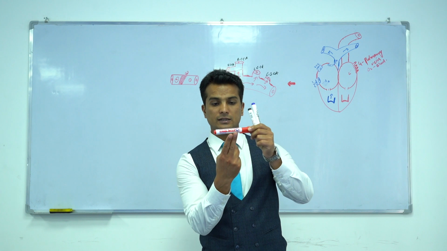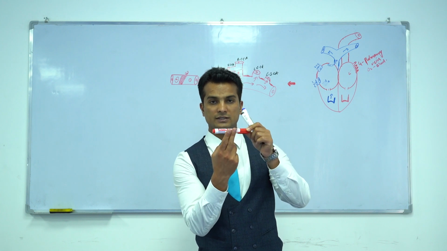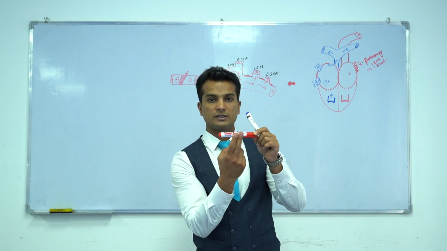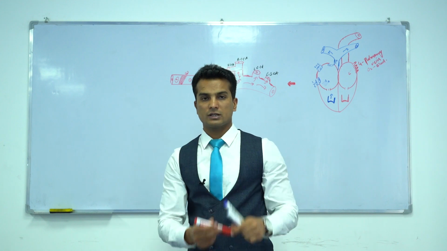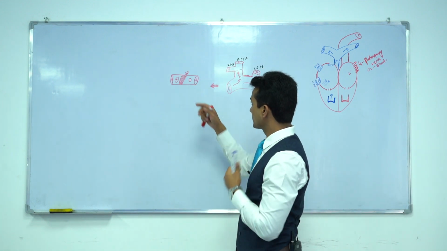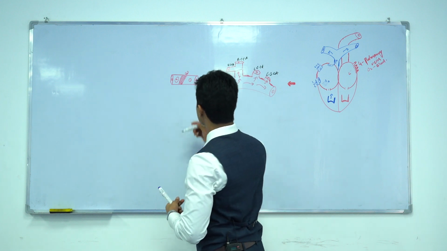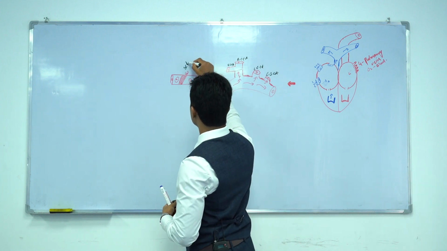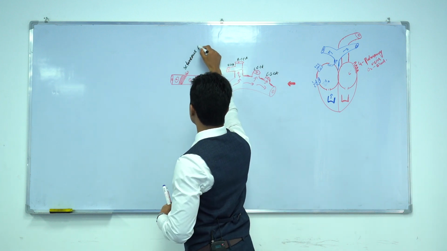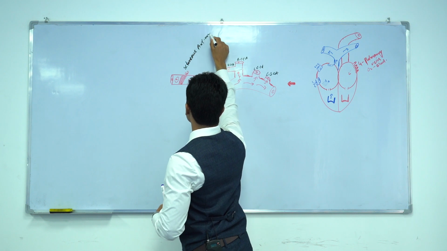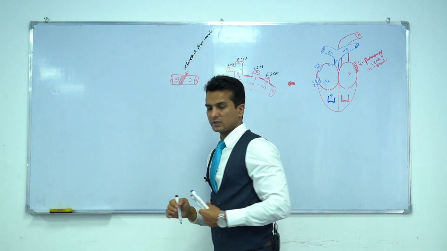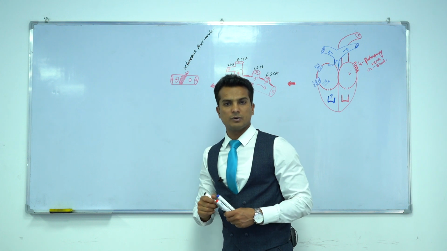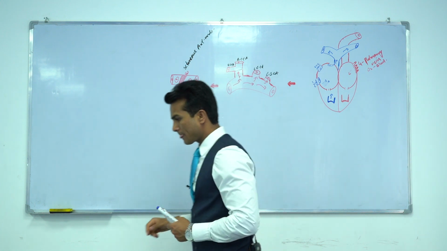Anteriorly, the muscle attached is the scalenus anterior, so this artery is now divided into three parts. The scalenus anterior muscle divides the subclavian artery into three parts. You can write it.